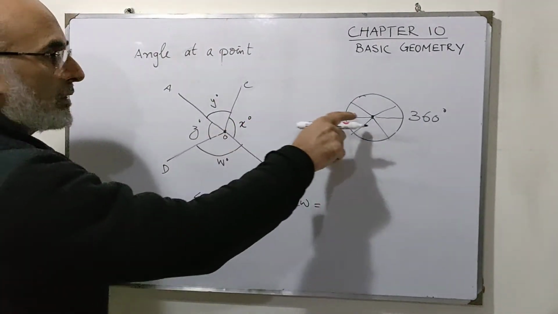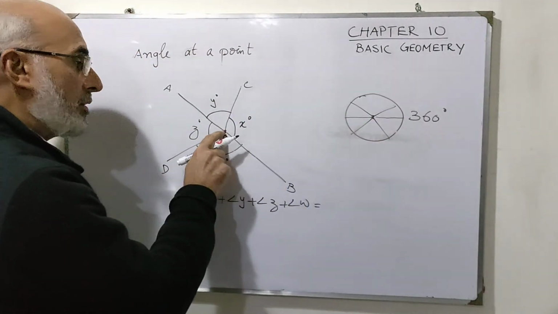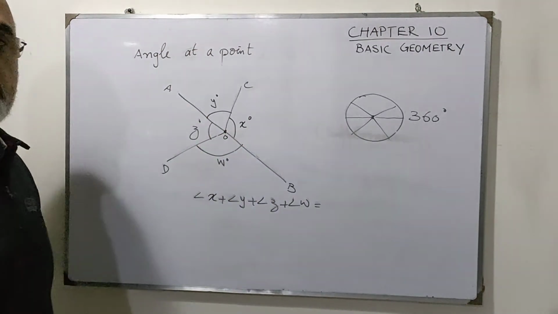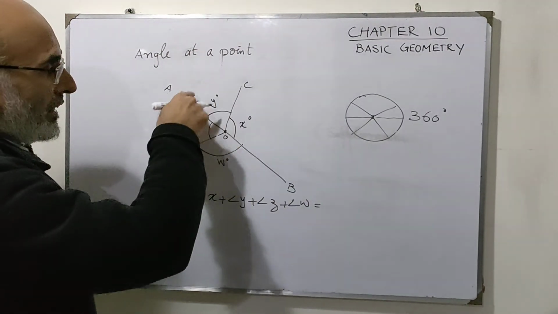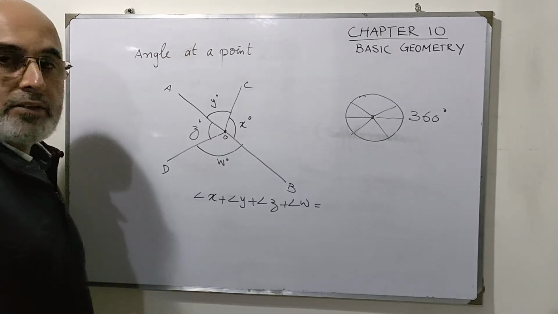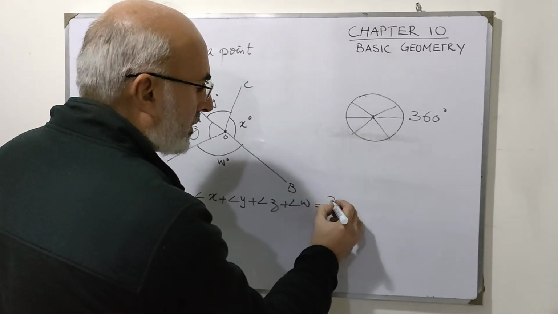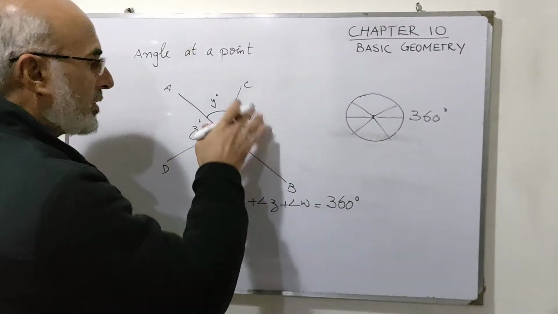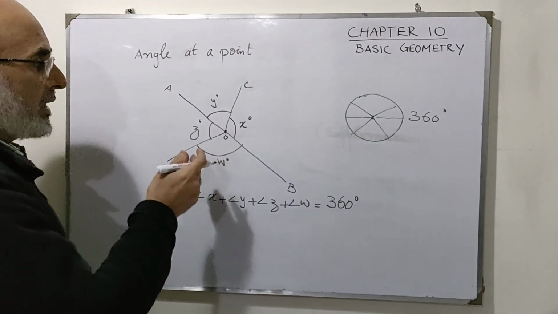And same is here. It was the center of the circle. I have this point, the lines are meeting at a point. So the sum of all these angles is going to be 360 degrees, because it cannot be more than that, right?